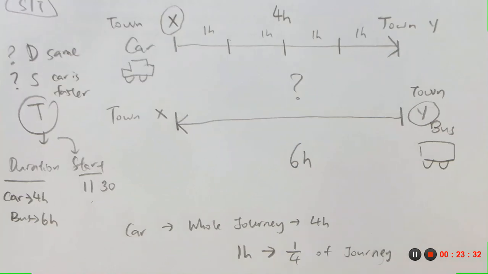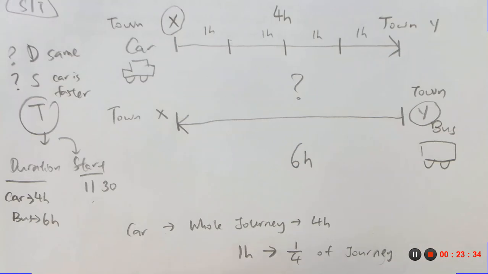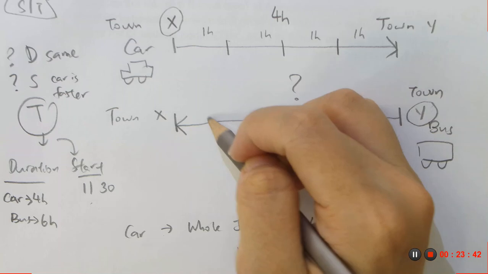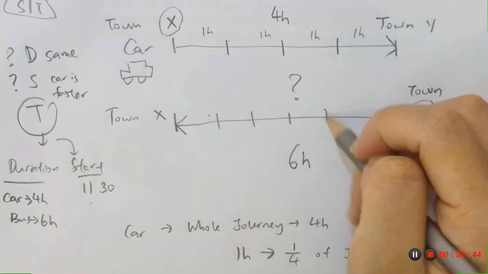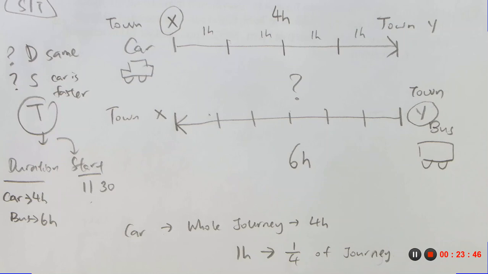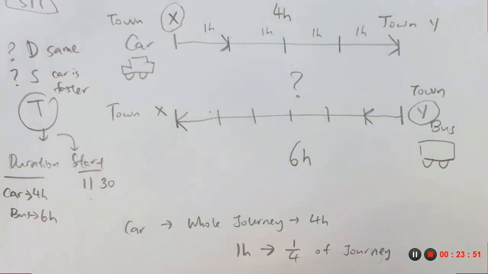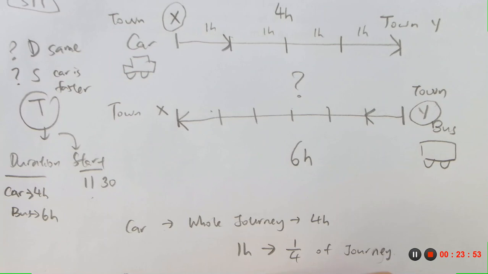Now, for the bus, what happened to him? In 1 hour, 1/6 of the journey. You go this way, in 1 hour. So for the bus, in 1 hour, you travel 1/6 of the journey.